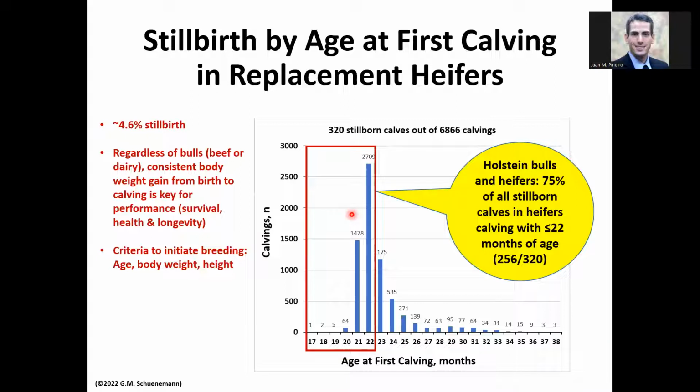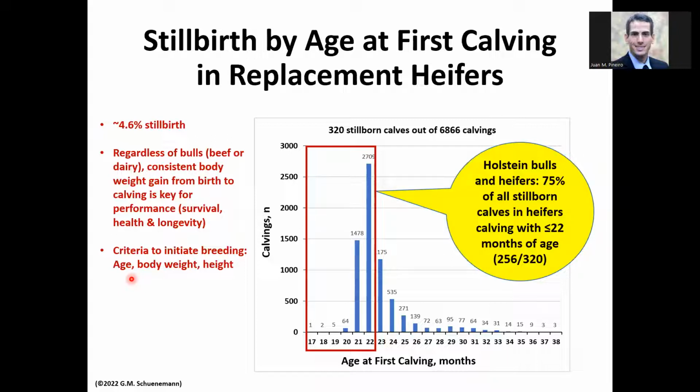But heifers need to have developed their body weight to be able to perform at maternity and later on when they have to compete for feed during lactation, right? So regardless of bull, consistent body weight gain from birth to calving is key for performance, survival, health and longevity. And it's important how you establish the criteria to initiate breeding, right?